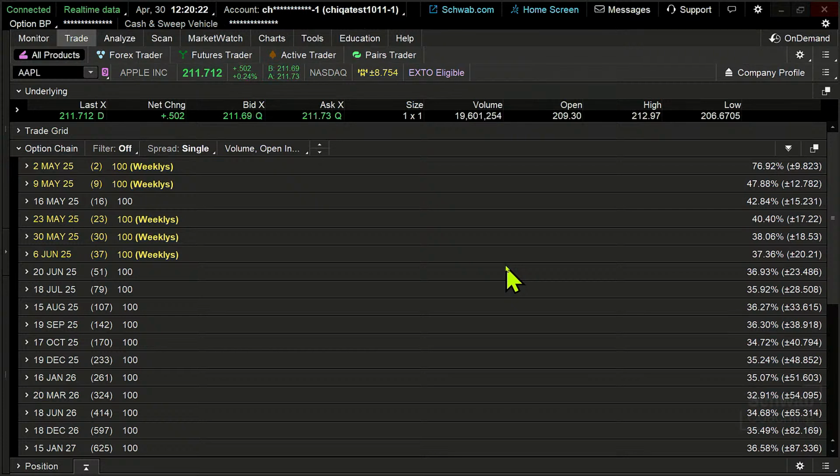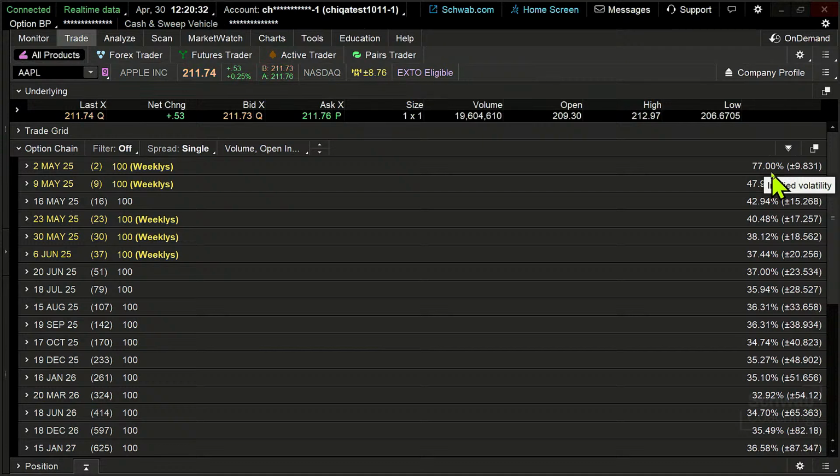That is not some kind of weird mathematical calculation. That is simply taking this implied volatility amount and suggesting what the options market is looking at in terms of a move in this time frame, in this duration, up or down from where the price of the stock is right now. So 211 is where the stock is trading right now, okay?